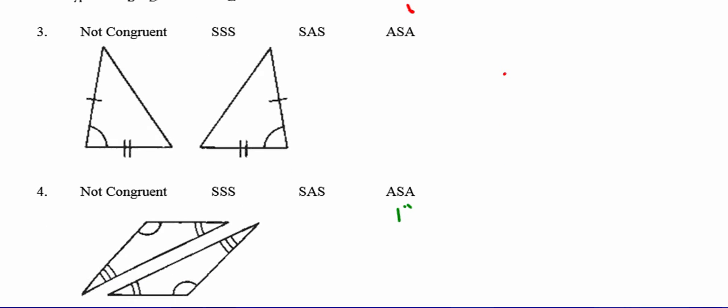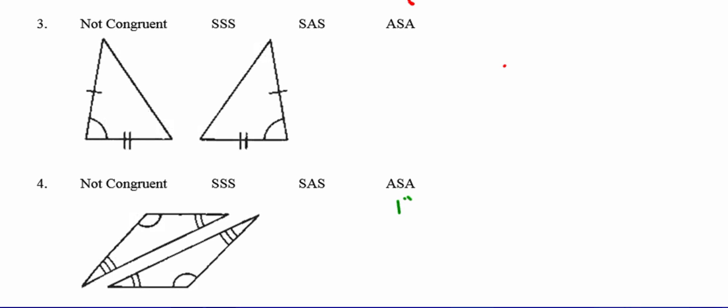Looking at the third diagram, again, I think it's probably easiest when you start to look at this by process of elimination. Ask yourself the question, do I have three pairs of congruent sides? The answer to that, no. Number two, do I have side angle side? Well, this is going to require a little bit more analysis because I do have one pair of congruent sides.